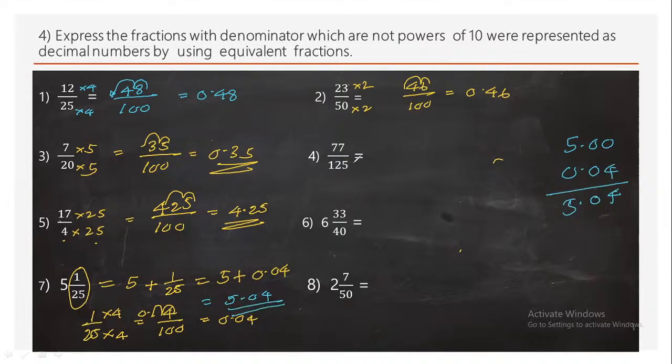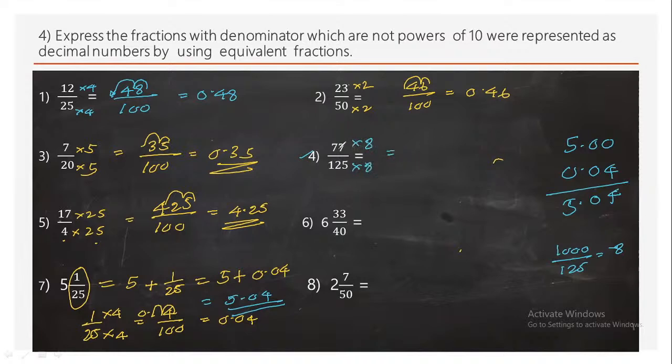77 over 125 is the fourth question. Then convert the denominator to 1000, since 100 is exceeded. 1000 divided by 125, that is 8. Then multiply below the line by 8 and over the line by 8.